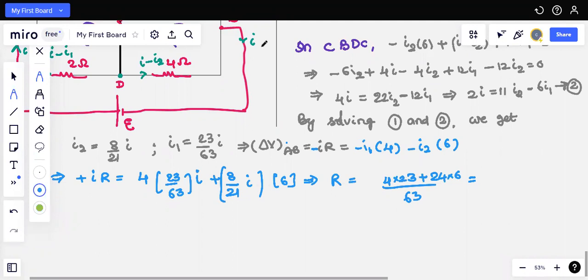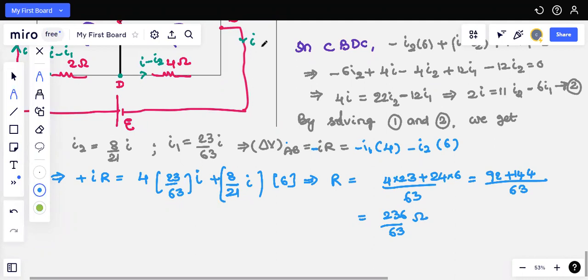Finally, 92 plus 144 divided by 63, and that is 236 exactly. 236 by 63 ohms.